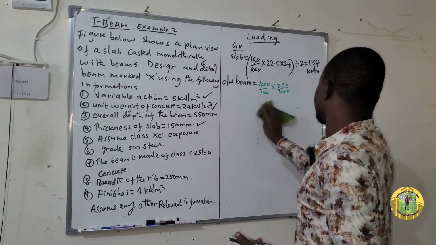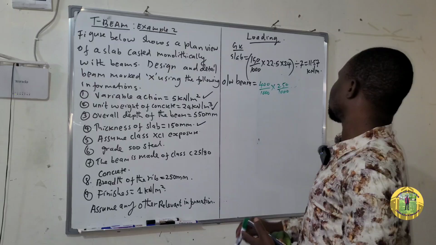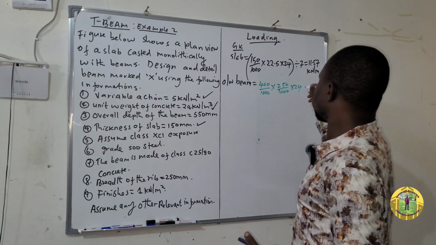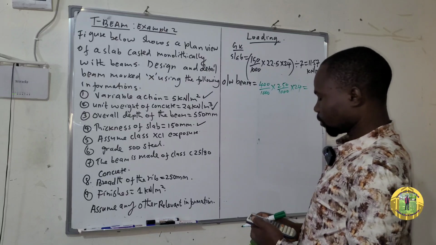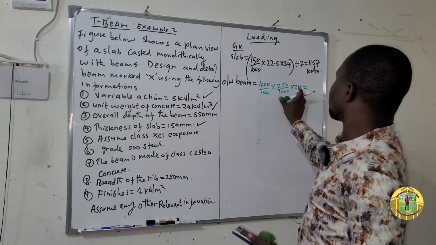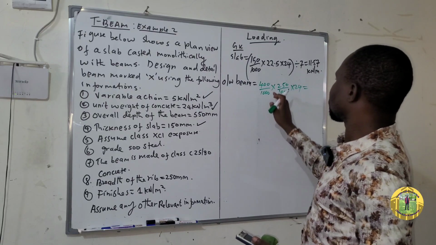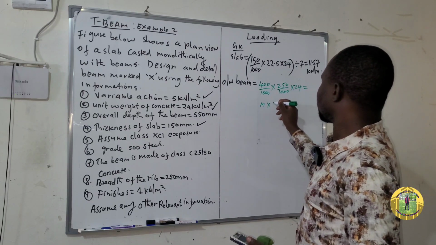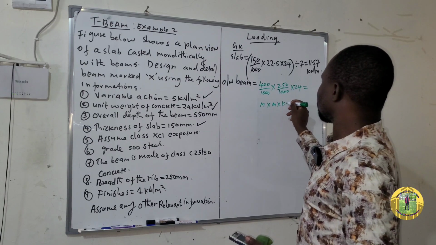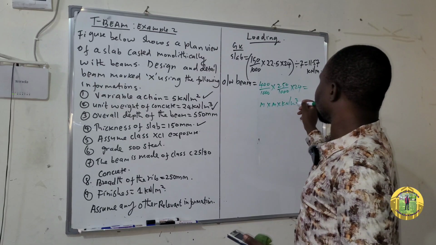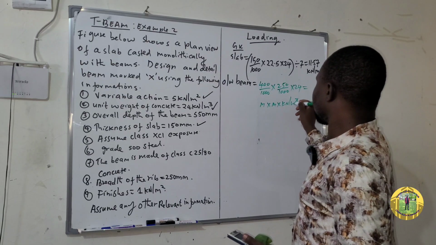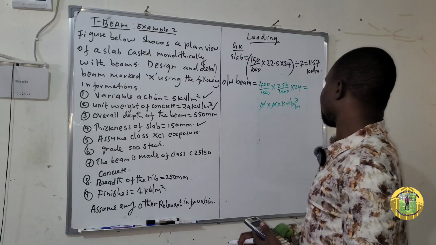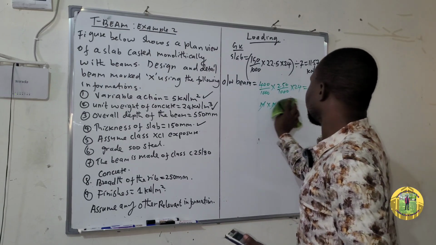Then times the unit weight of this concrete, 24. So for this one you don't divide by 7, because this is meters times kilonewton per meter cubic. So here, then meter. So no need to divide it by 7.